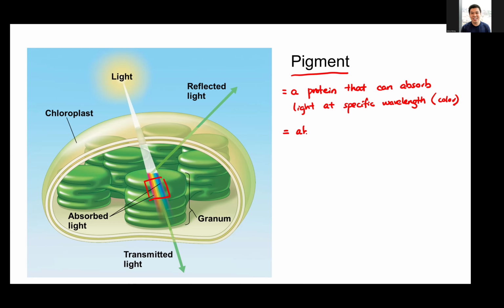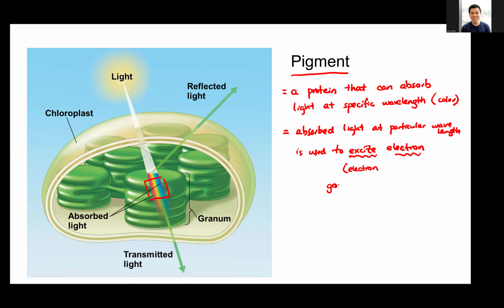Absorbing light at a particular wavelength is used to excite electrons. Exciting an electron means the electron goes from ground state to excited state.